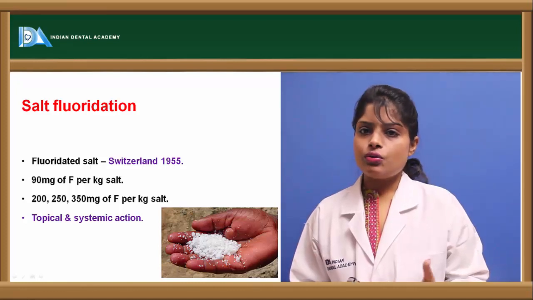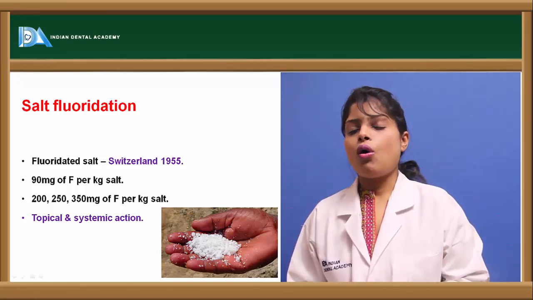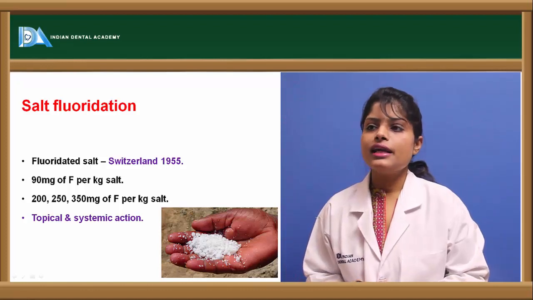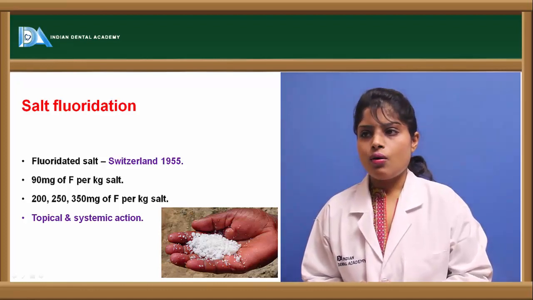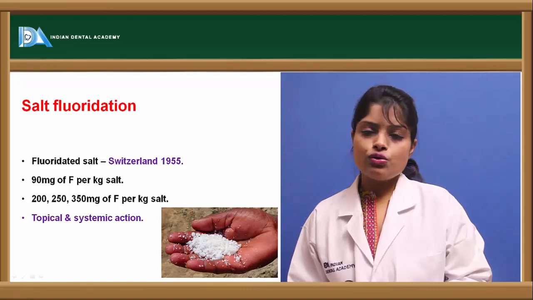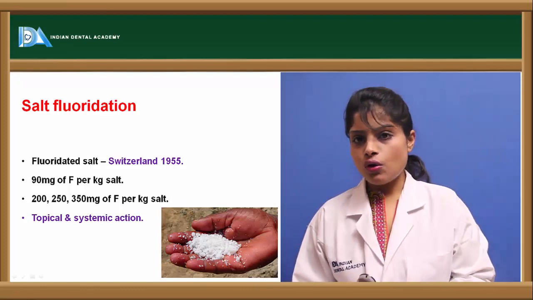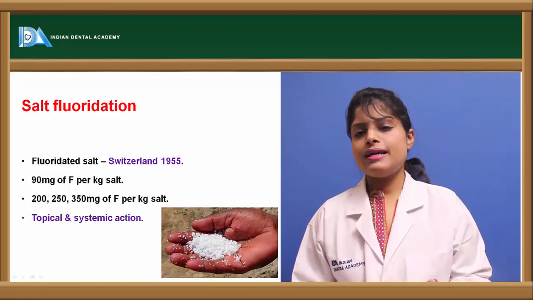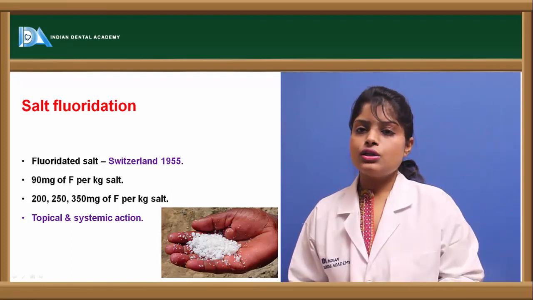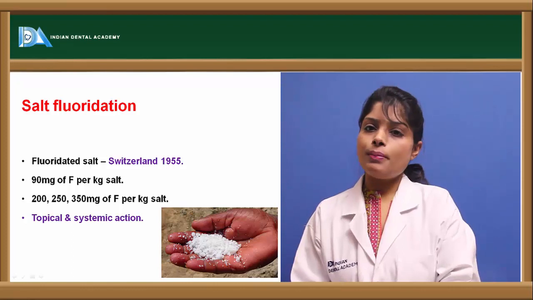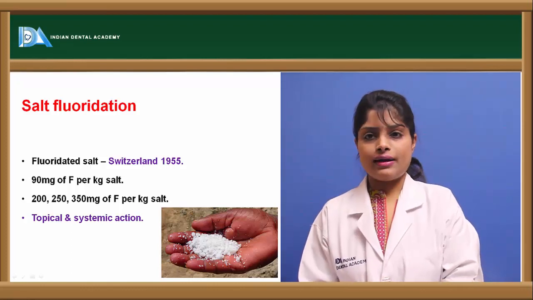Here, 90 milligrams of fluoride was added per kg of salt, or 200 to 350 milligrams. The fluoride present in the salt has both a topical as well as a systemic effect.